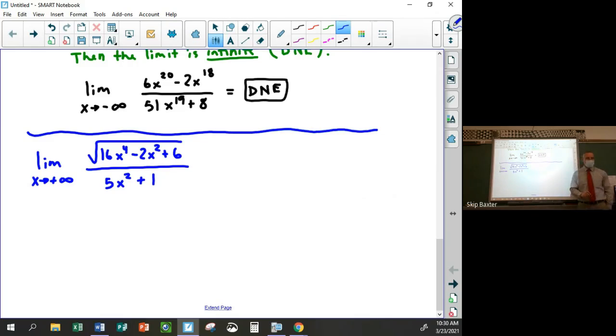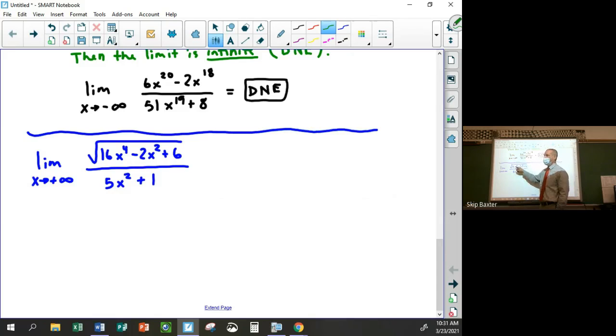Something like that. So what's the order of the top in this case? It's 2. Does everybody see that? Because the highest power is 4, but the whole thing is square rooted. So the square root of a fourth power gives you a second power, right? Remember, a radical is like a fractional exponent.